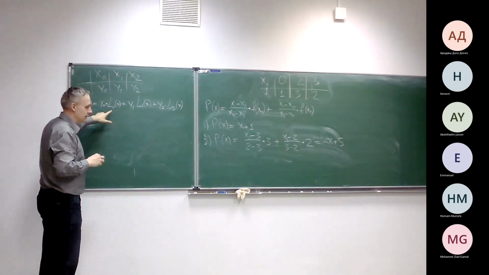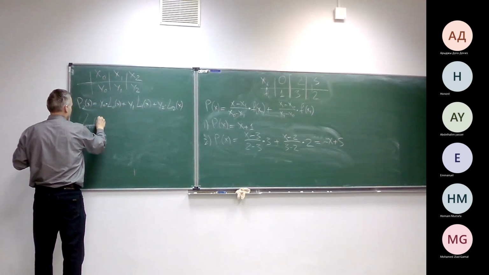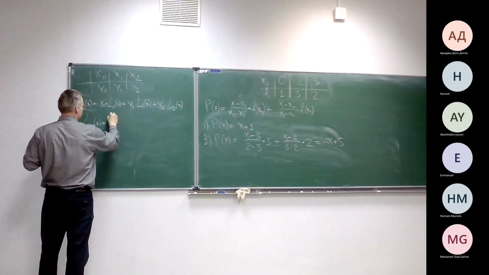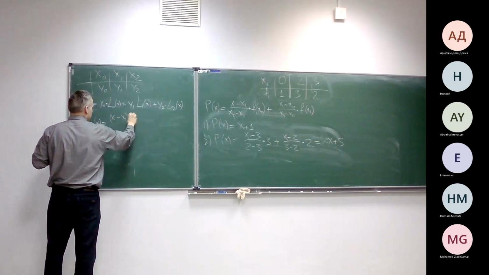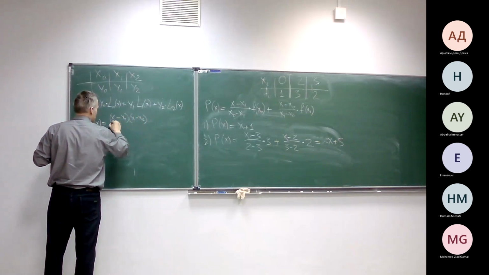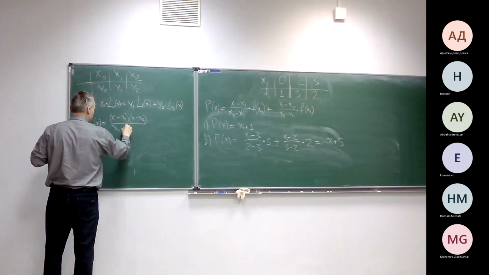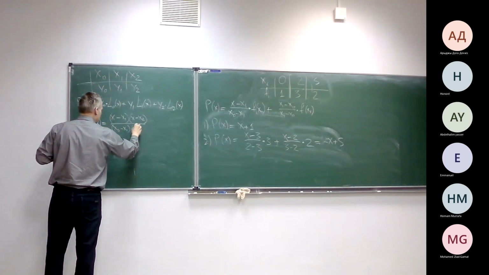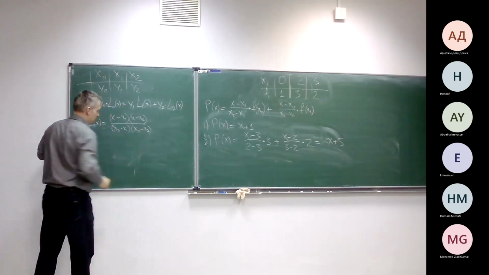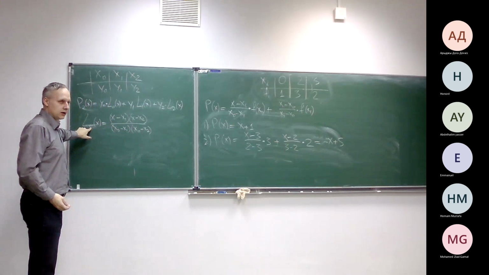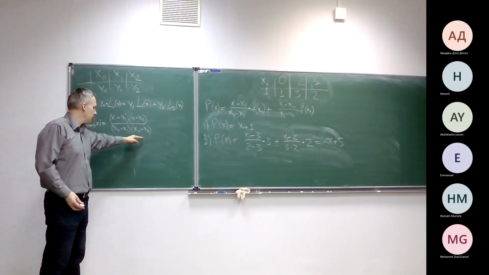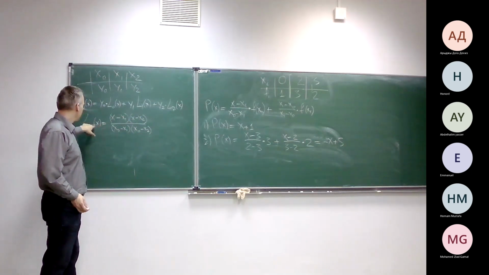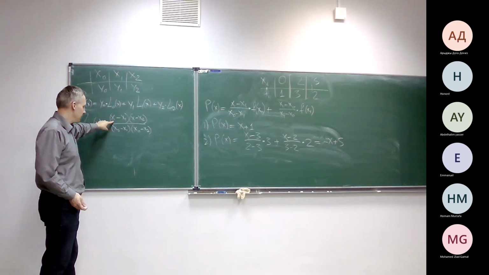How to write polynomial L0? L0 of x equals x minus x1 times x minus x2 over x0 minus x1 times x0 minus x2. The polynomial L0 of x is organized in such a way that L0 of x0 equals 1.